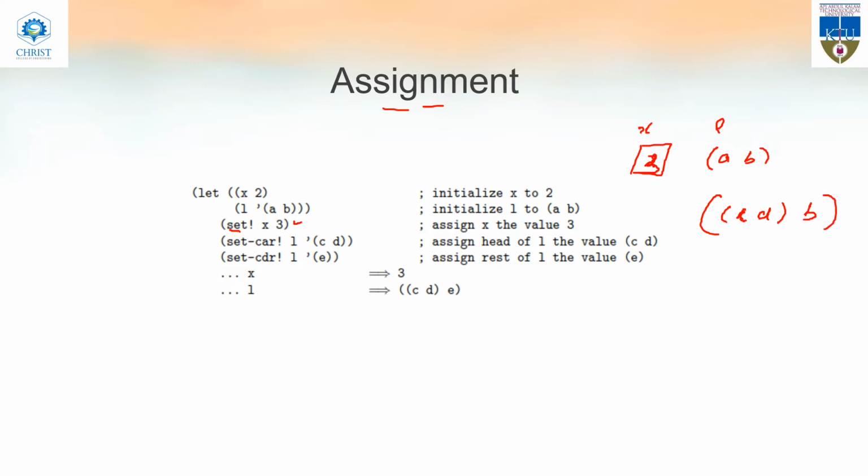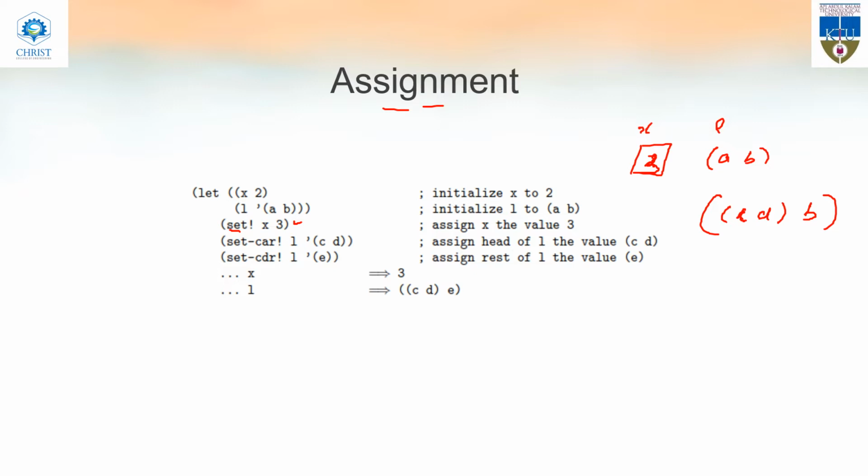In the next step we can see set-cdr!. CDR is used to return all the elements except the head, that is, the tail elements of a list.